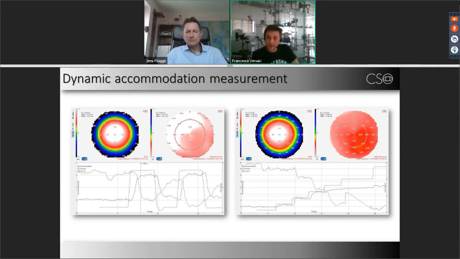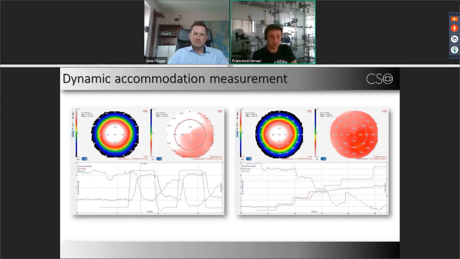The one on the right is the stair. So in the stair, I'm measuring the residual accommodation of the patient. So what I'm doing is to start with an object that is projected from infinity, and then the accommodation request increases by 1 diopter for each step, and I'm asked to focus this target step by step.